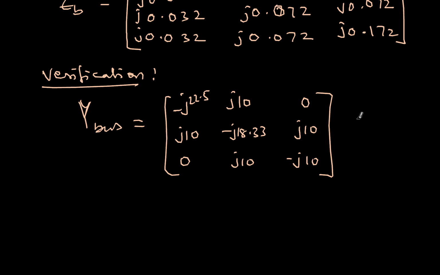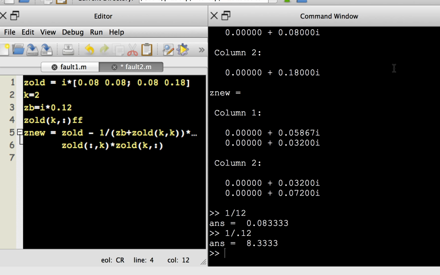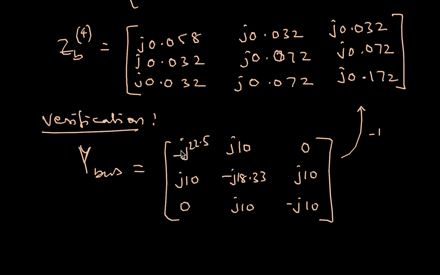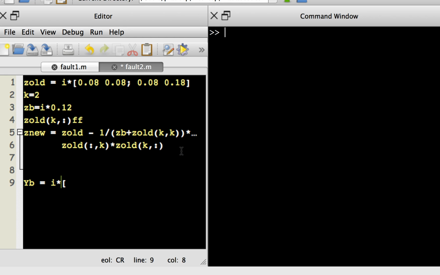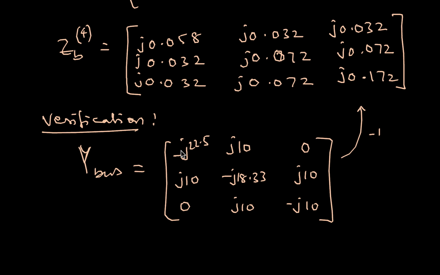So now if I invert this, I should get the Z bus. So let's quickly verify. So let me form Y bus. So this will be I into minus 22.5, 10 and 0. Second row 10 minus 18.33, again 10. Oh, there is one more 10 here.